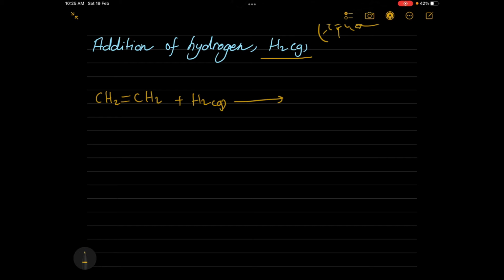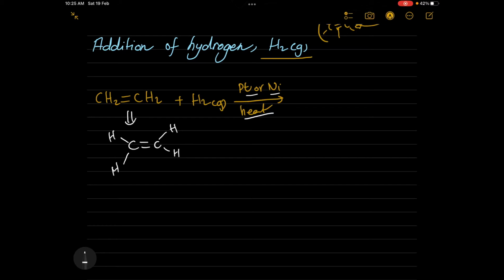We're going to apply some conditions in this area. The conditions are, you could use platinum, okay, or nickel, which works as a catalyst. And you must apply heat. As a result of applying heat in the presence of the two catalysts, the reaction will take place. As we can see, if you look at this carbon in here, you just notice that each carbon makes three sigma bonds, all right?